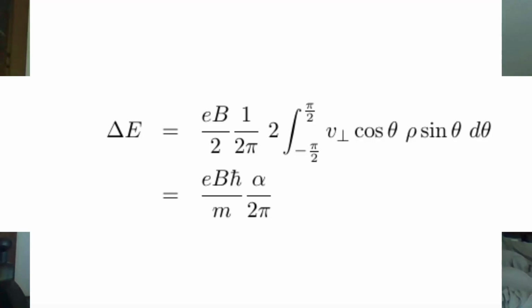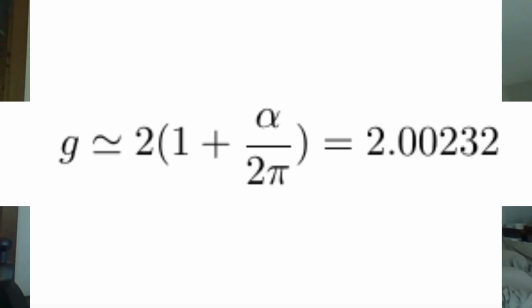In any case, from this you can extract the g factor as 2, and I've made a quick look at higher order, and if you take into account the movement of the electron in the spiral ring movement, then you get a correction factor, so I get 2.00232, which is the correct number.